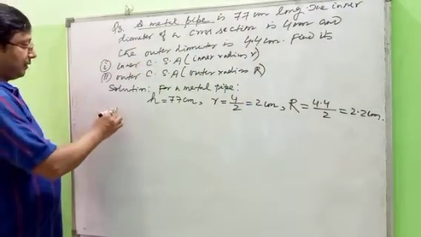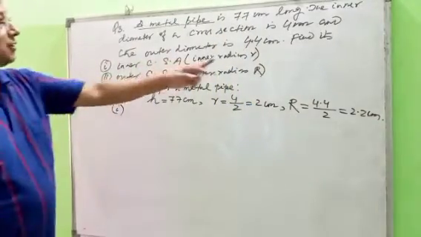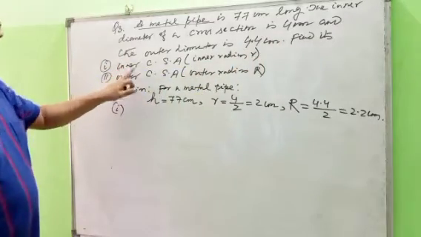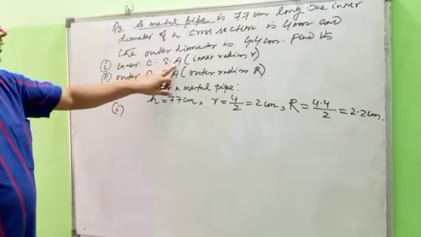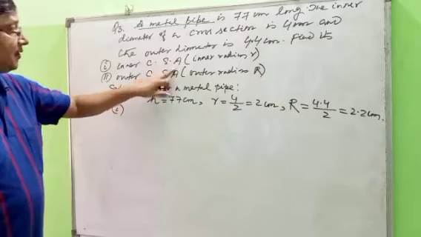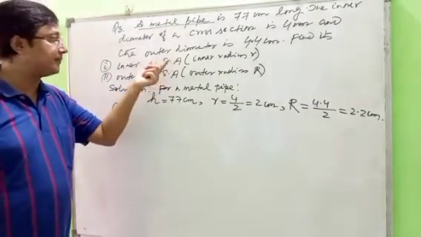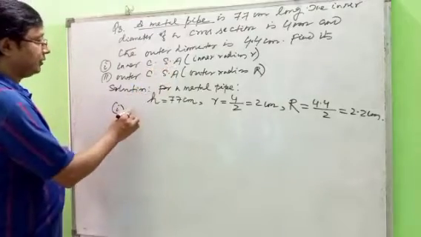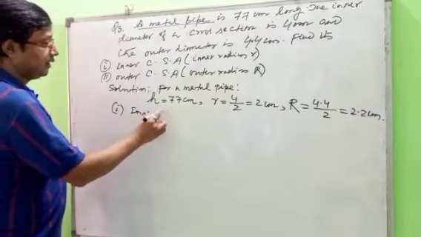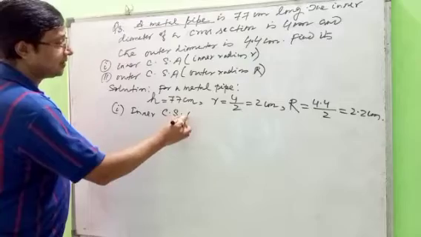Now here number 1, find its inner curved surface area, or the inner lateral surface area. So the curved surface area is also called the lateral surface area. So the inner curved surface area.